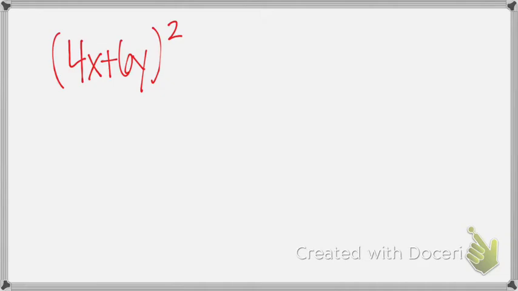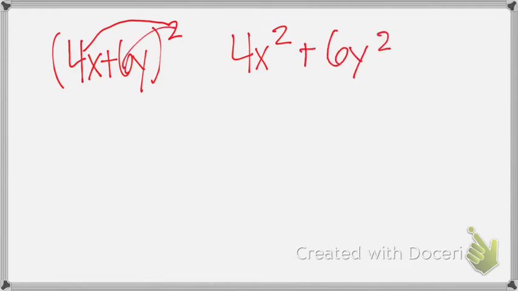So, I cannot, listen to me, cannot say 4x squared plus 6y squared. I cannot do that. Cannot. What you can do is what Jacqueline just said, and that was what? Write it twice.